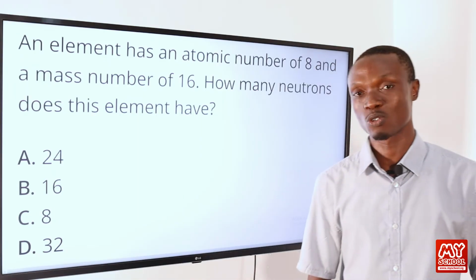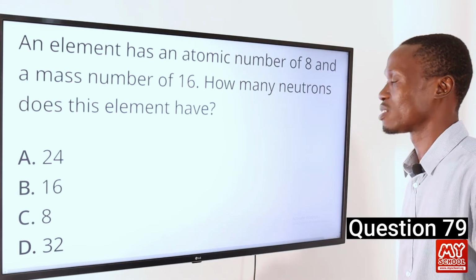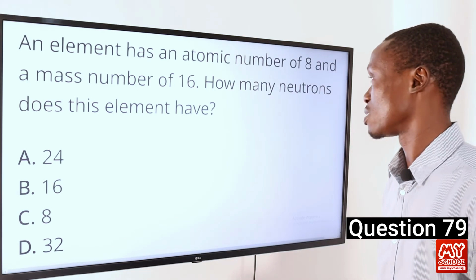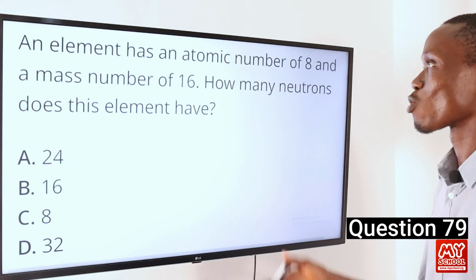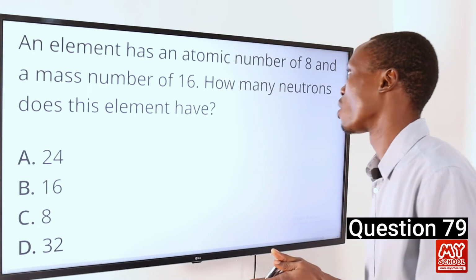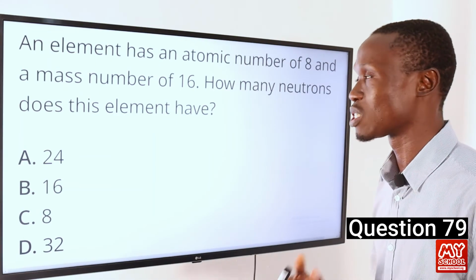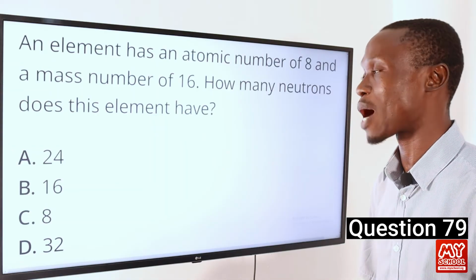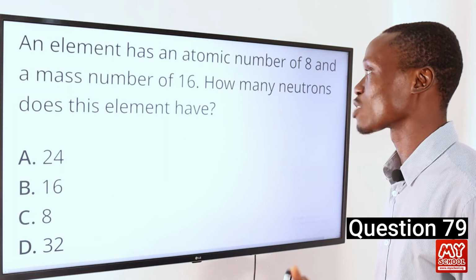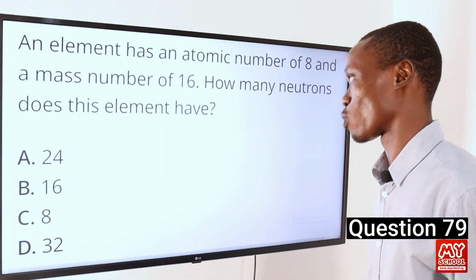Now moving on to question 79. An element has an atomic number of 8 and a mass number of 16. How many neutrons does this element have? From the question we are given the atomic number. We know that atomic number is the same thing as the number of protons, and we're also given the mass number, and we know that mass number means number of protons plus number of neutrons.